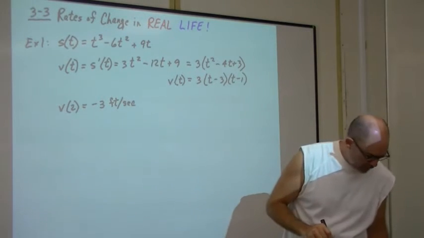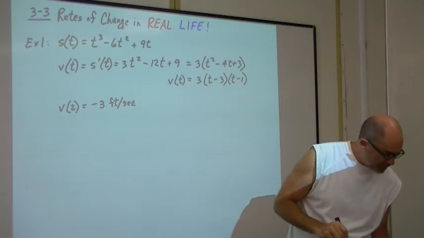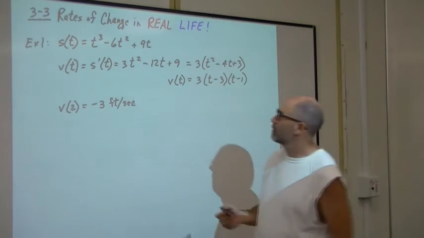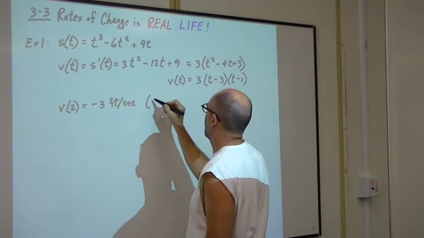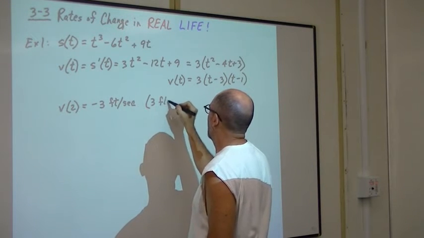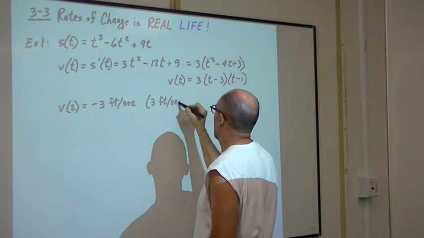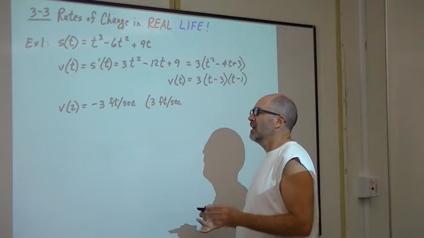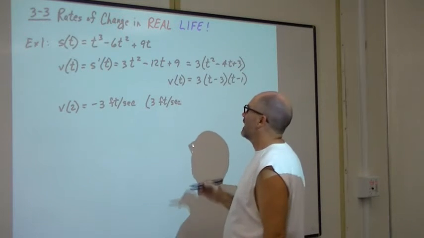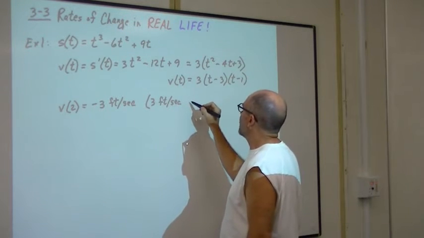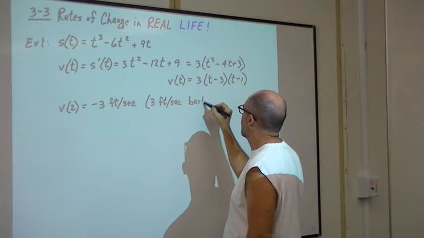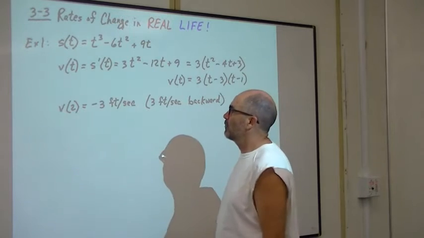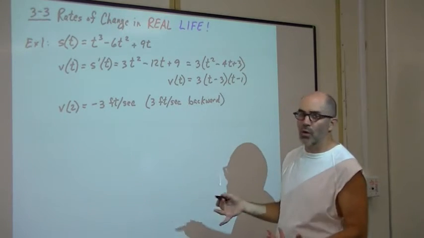What does that mean? Well, that means it's going 3 feet per second backward, or downward. A lot of times velocity going down is negative. So 3 feet per second, we'll just say backward. Now if it was positive 3 feet per second, that'd be 3 feet per second forward.